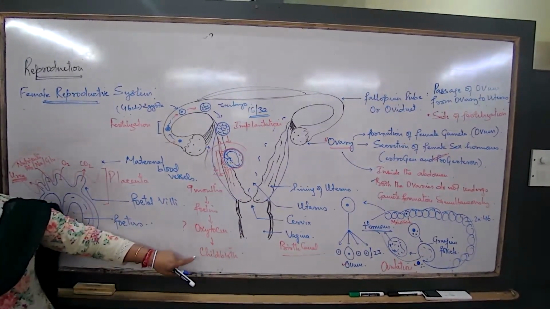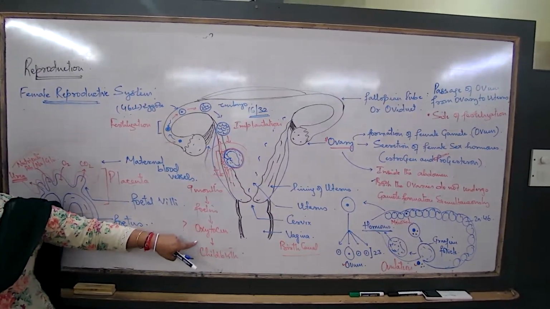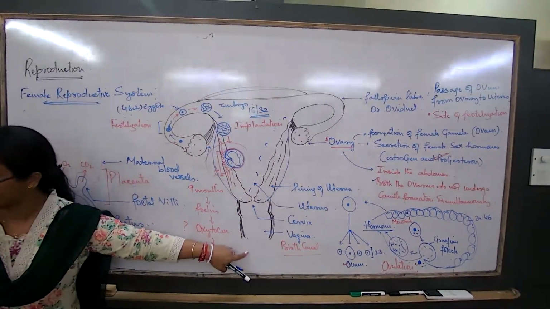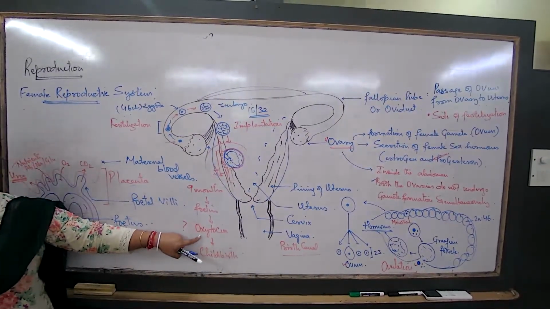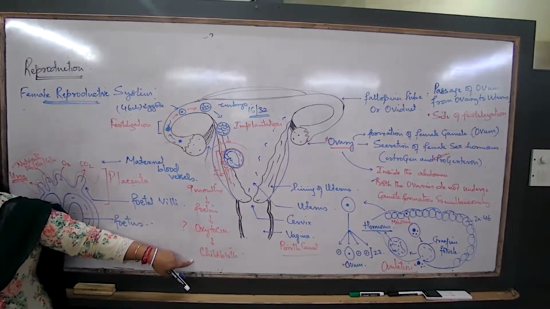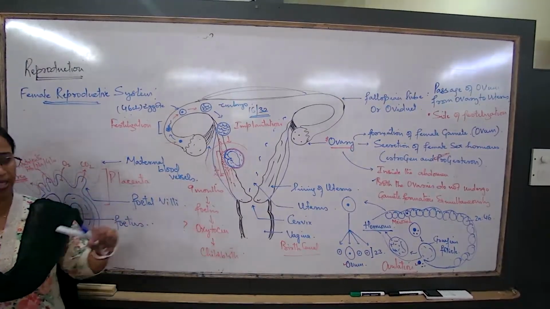You have to remember that during the process of childbirth, the developing fetus gets released through the vaginal passage by the secretion of oxytocin, hence it is known as the birth canal. Clear? So these are a few words to mention in your answer.